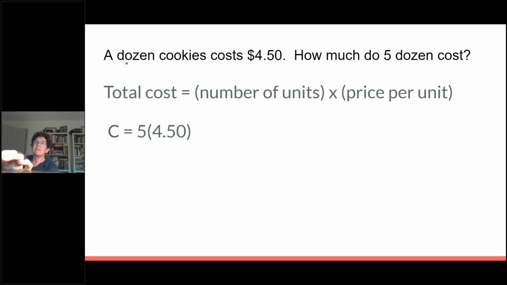So in this case, we're not going to use the 12 because that represents a unit, and the unit is 1. So the total cost equals 5 times $4.50. 5 times $4.50 is $22.50.